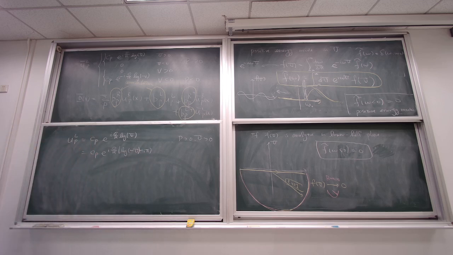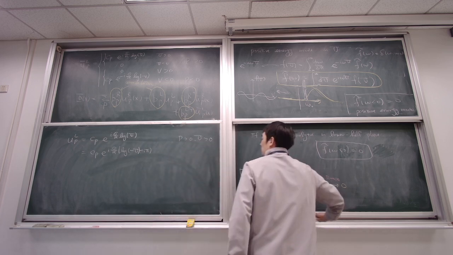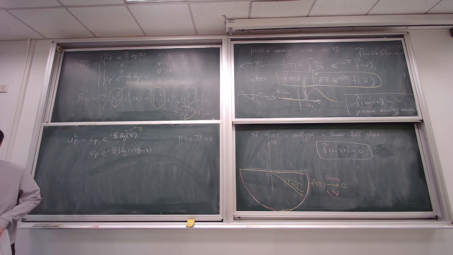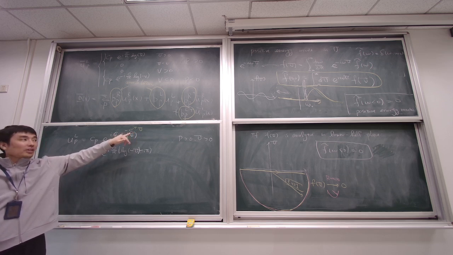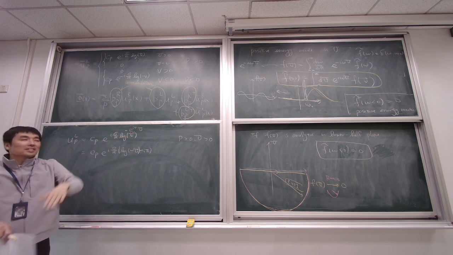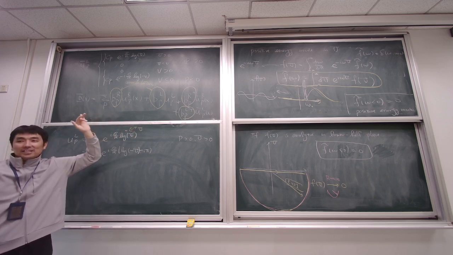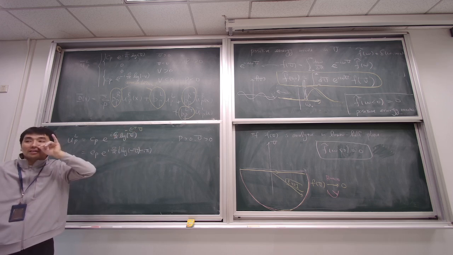Do you understand this transformation? Is it okay? Here, I just put e to the I pi times minus U. U is equal to minus e to the I pi U, right? e to the minus I pi is equal to minus 1, so minus 1 times minus 1 is 1, which is equal to this plus 1.